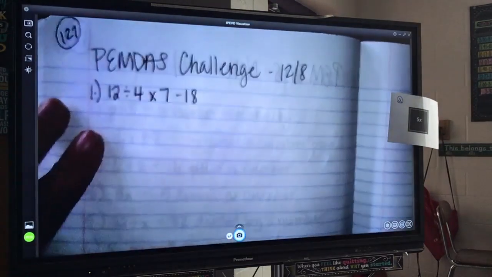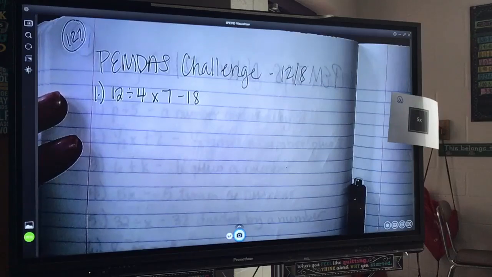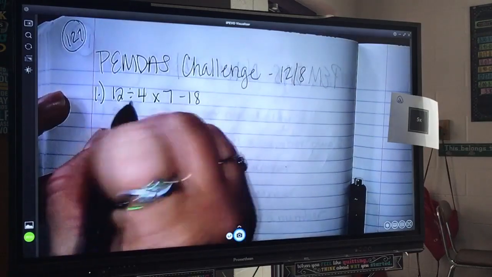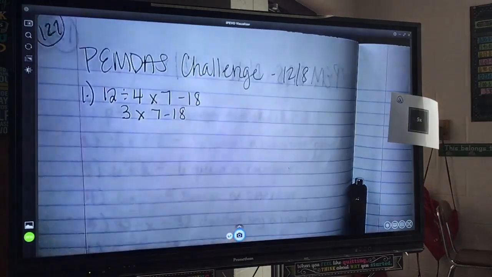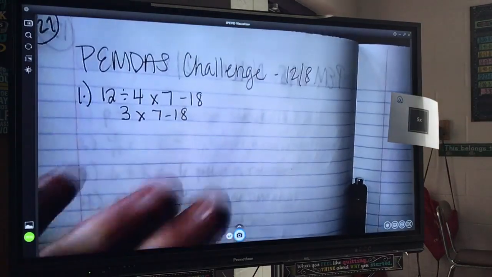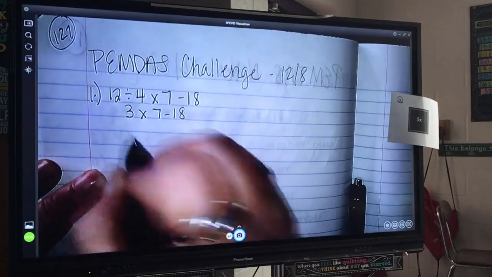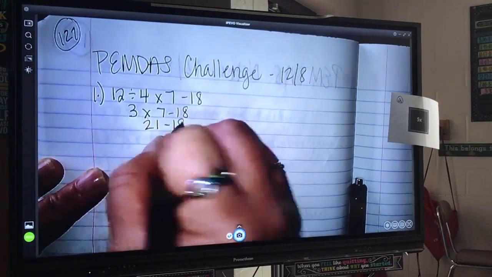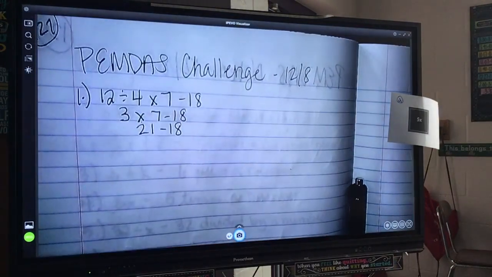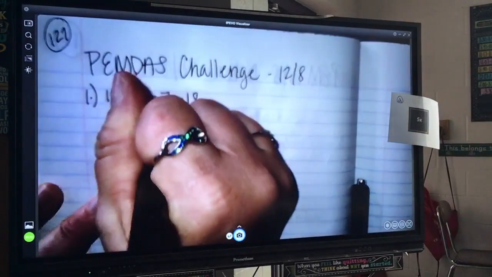So if I'm looking at this, what is the first thing I come across? Raheem. So I'm going to do 12 divided by 4, which gives me 3. And then I'm going to bring everything down. Then, what's the next thing I come across? Multiplication. So 3 times 7 gives me 21 minus 18. And then obviously the last thing for me to do is that subtraction, which gives me 3, and I'm going to circle my number.